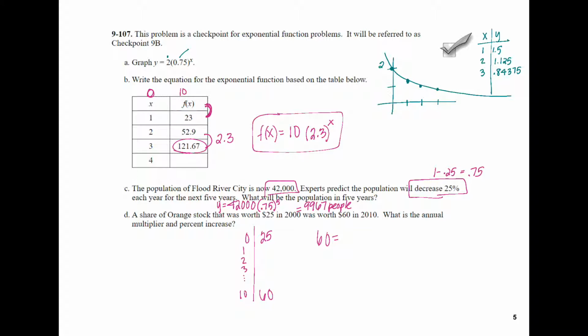My output is 60 after 10 years. I'm not sure what my multiplier is, but I know my initial value was 25. So I divide by 25. I take the 10th root of 60 over 25, which tells me that my B is approximately 1.09, which means because it's an increase, I add 1. So it's an increase of approximately 9%.